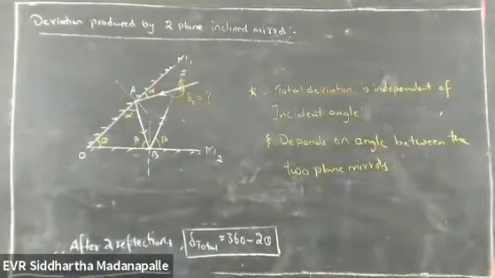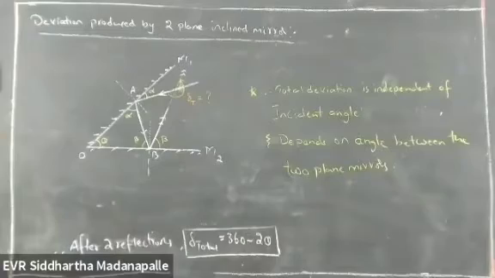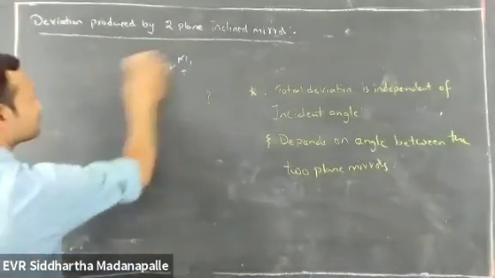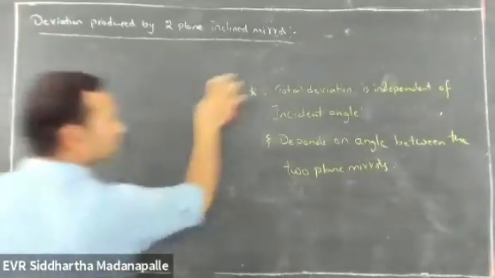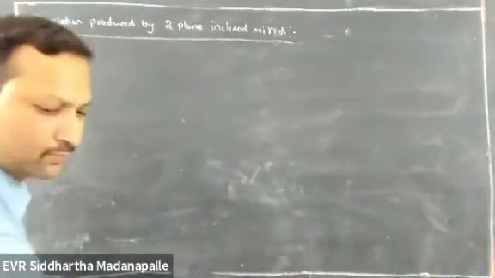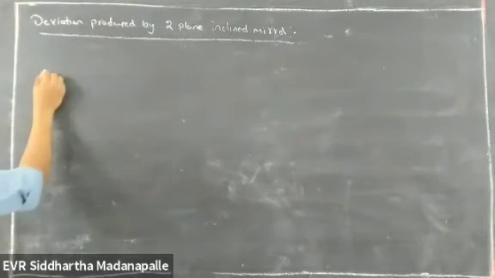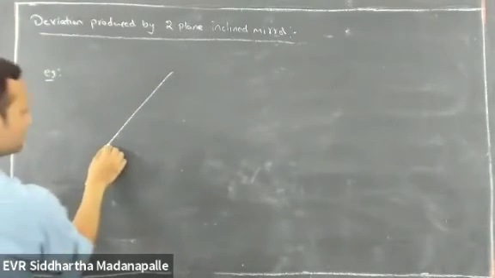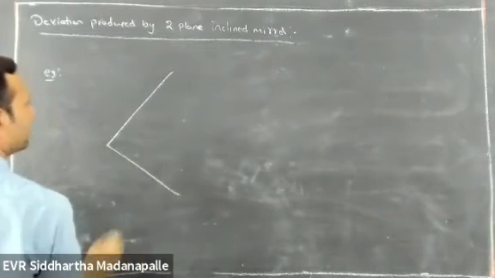So now let us do a simple problem on this concept. Example problem. Now let us consider there are two mirrors like this.